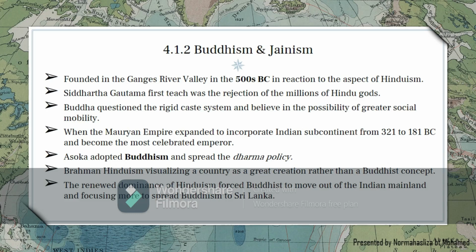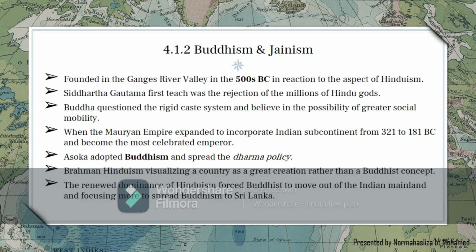After Asoka's death, weak successors allowed the empire to fall apart. Brahman Hinduism took over, envisaging a country as a divine creation rather than the Buddhist concept of a contract between a ruler and the people, to control the chaotic and demoralizing effects of mortal possessions.